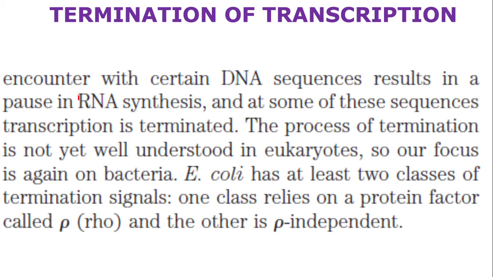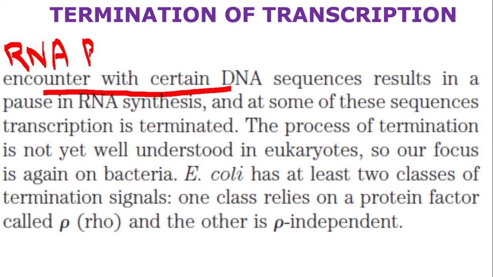How is transcription taking place? When the RNA polymerase complex, the transcription machinery, is moving forward along the DNA, when they encounter a certain DNA sequence, the RNA synthesis process is temporarily stopped.